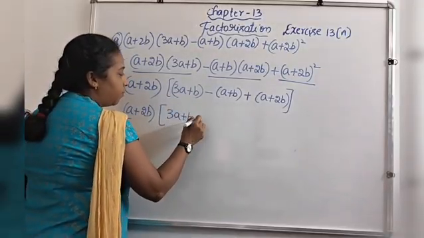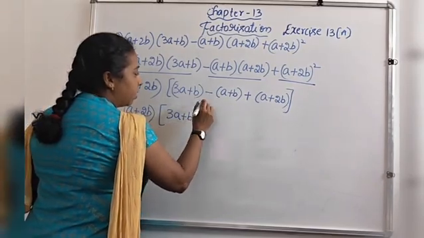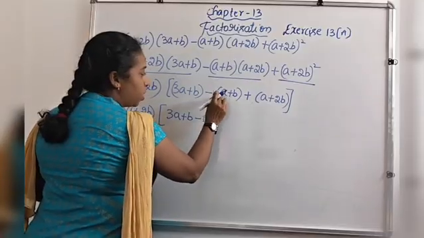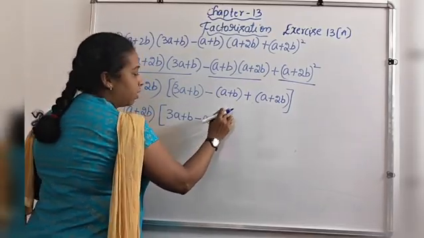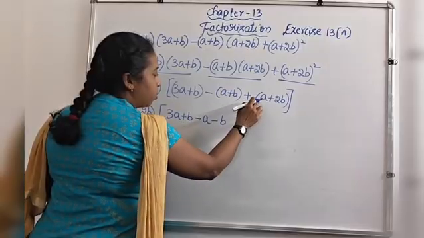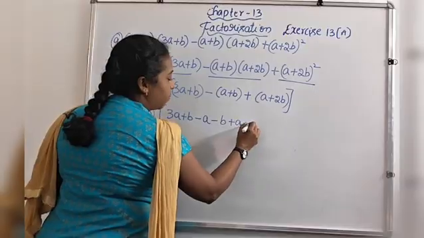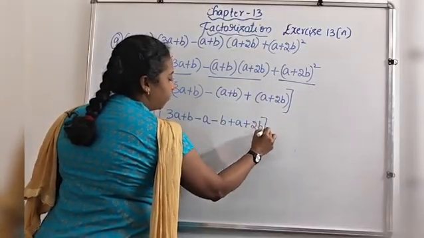Yeah, open the bracket here. So 3a plus b, minus into plus minus a, minus into plus minus b, plus into plus a, plus into plus 2b.